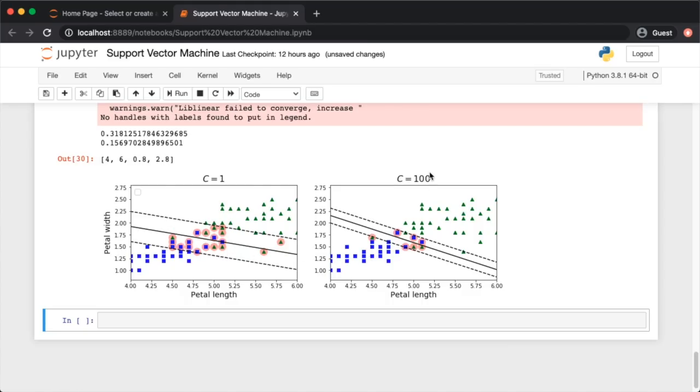As C goes large, we have less and less outliers, right? So the C is a trade-off hyperparameter. The larger it is, less outliers, but also a smaller margin. The smaller C is, we have more outliers, but a larger margin. Okay? So that's about it.